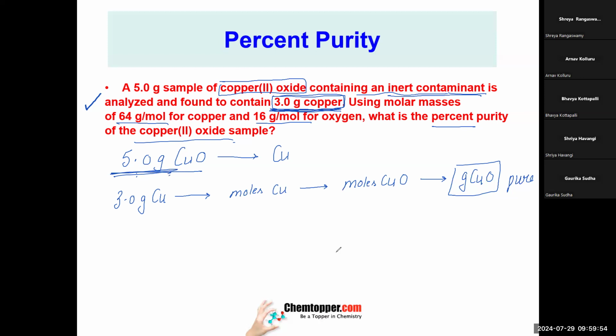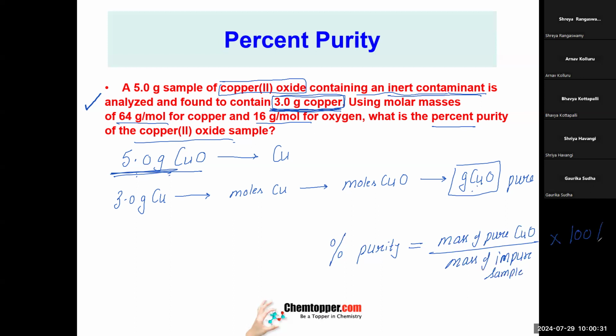And then I'm going to use this equation of percent purity: the mass of pure CuO divided by the mass of impure sample, the starting 5 gram, multiplied by 100%. So questions will be there based on it.